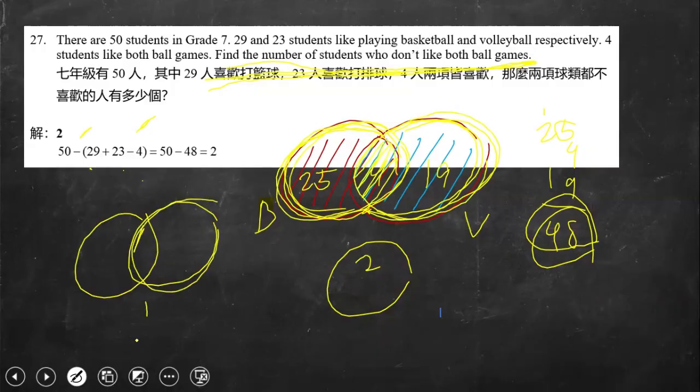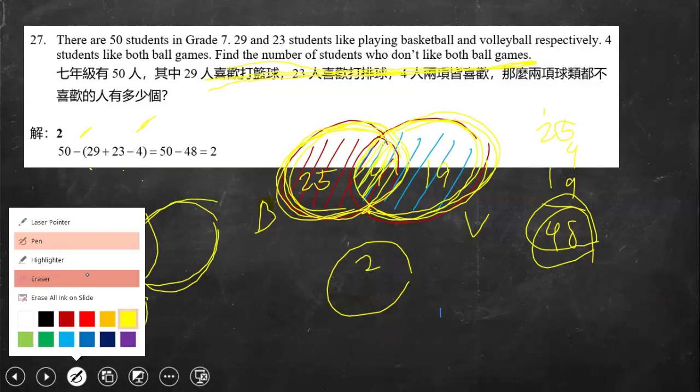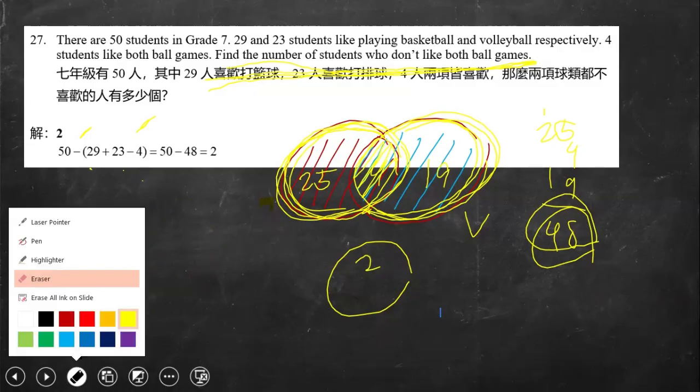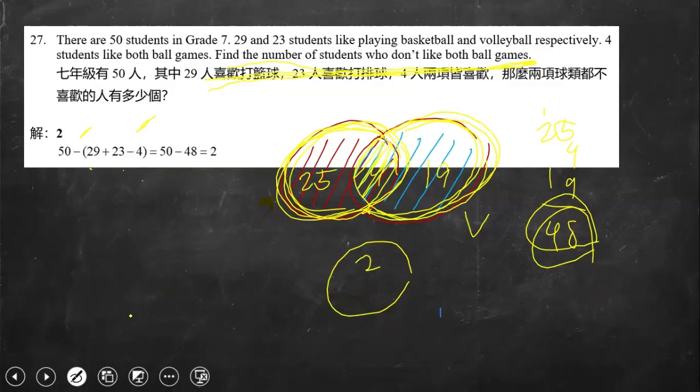It's a part of the first circle and a part of the second circle. So you're gonna have to subtract 4 to remove the part that got repeated. Okay? So simplifying, we have 50 minus 48 is equal to 2.